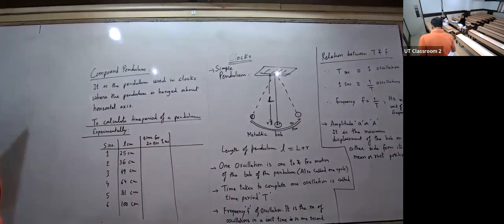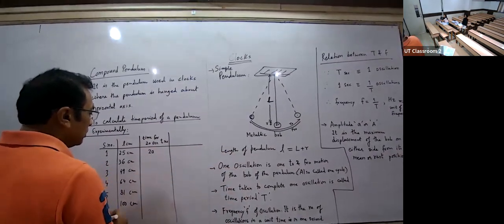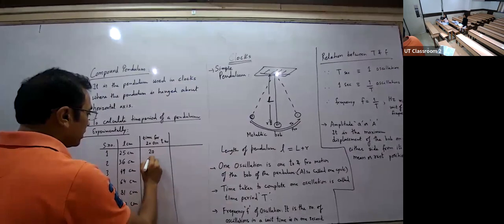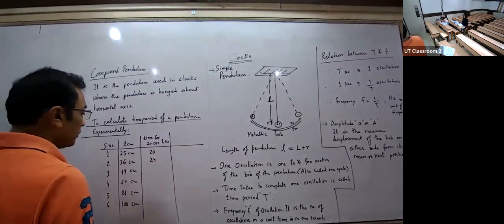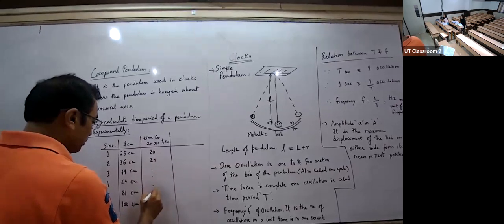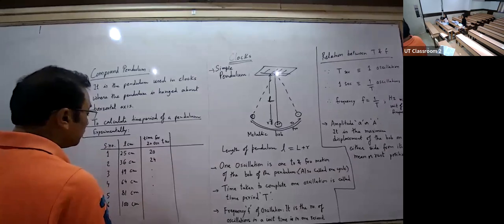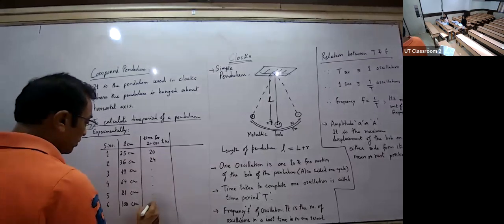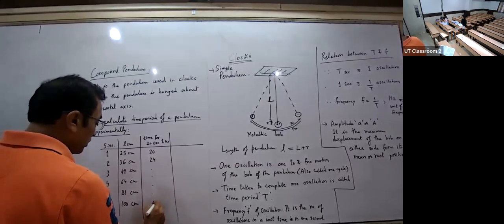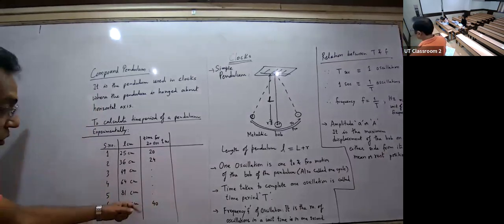So see what times we are getting. Experimentally we found 20 seconds. Next we are getting 24 seconds, and so on and so forth. The last one we are getting is 40 seconds.